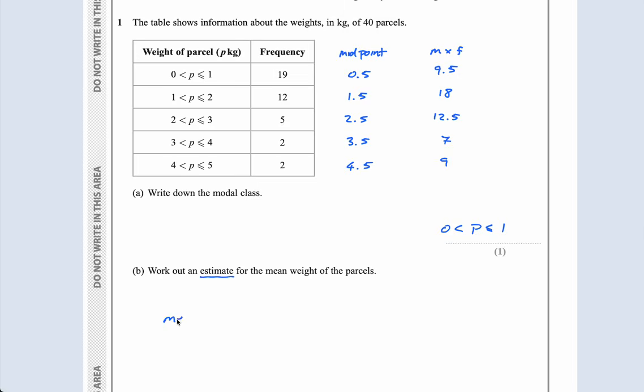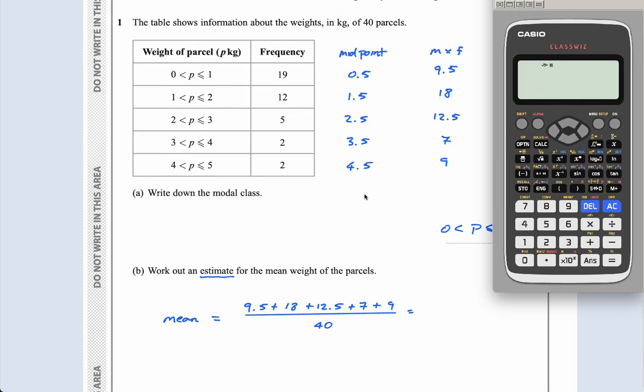Then the mean is all of these added together, 9.5 plus 18 plus 12.5 plus 7 plus 9 all over 40, and that gives me, take out your calculator, this function, guys.